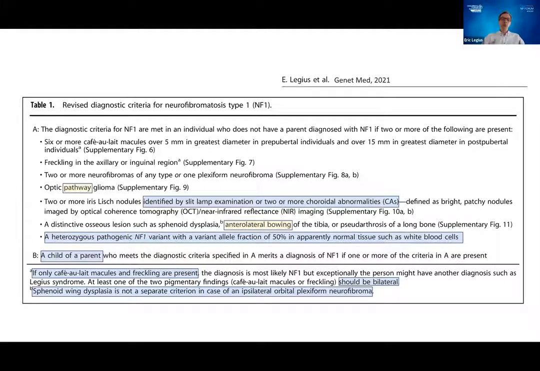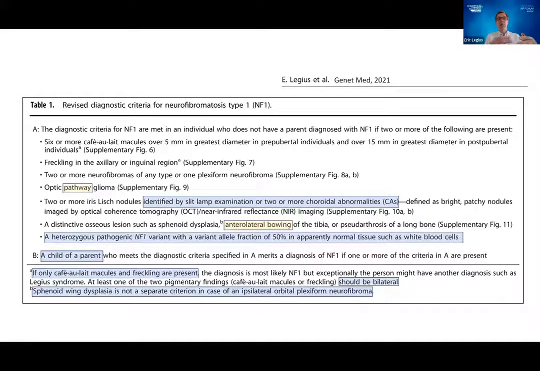So we introduced the fact that nowadays NF1 mutation analysis and molecular diagnostics is available. It is not available in every country and it's not available to every person in every country. So we introduced this as a possible criterion, but it is not a necessary criterion.